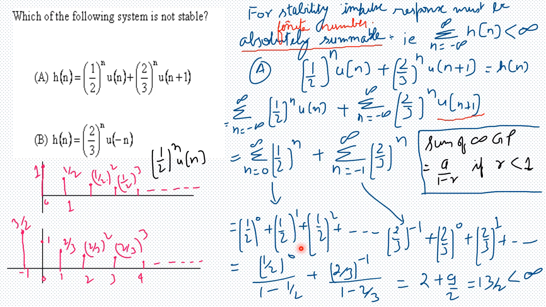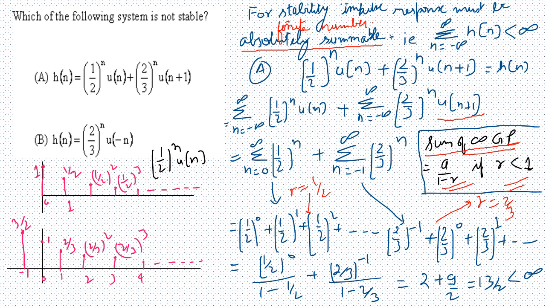So it's a decreasing sequence. Also, it's a geometric progression with infinite terms, and we know that the sum is a over 1 minus r, where r should be less than 1. That is ensured, because in this case r equals 1/2, and in the other case r equals 2/3.